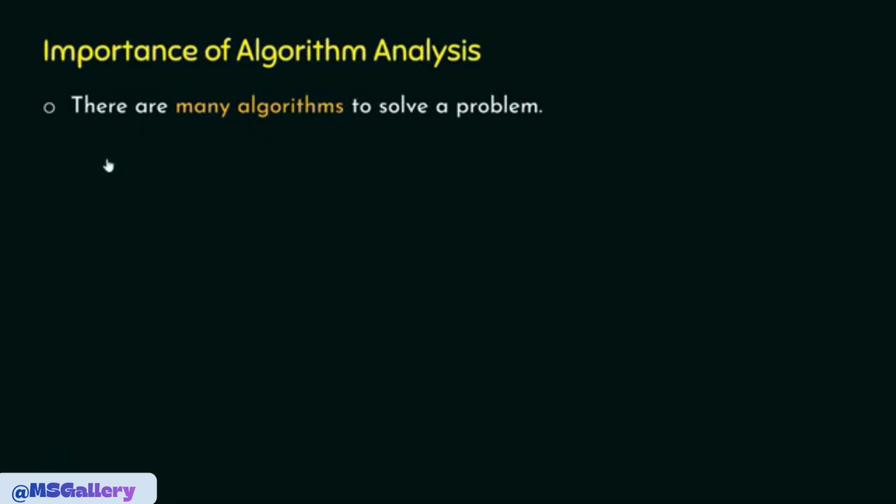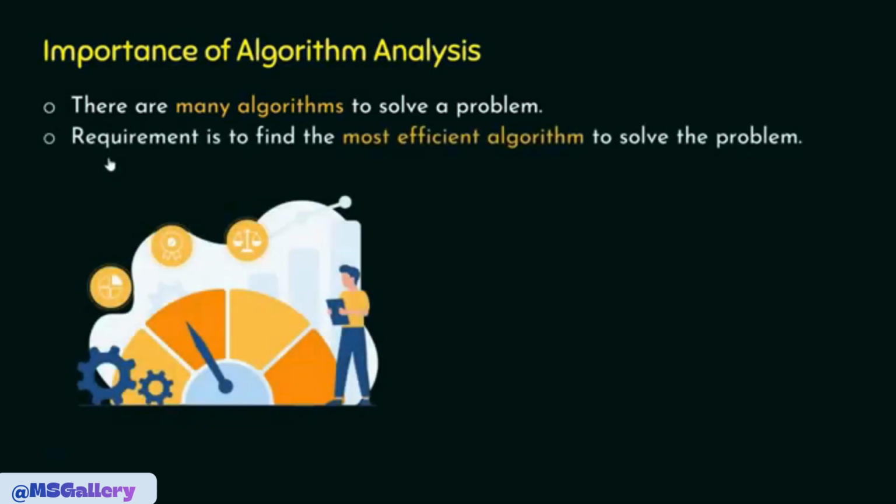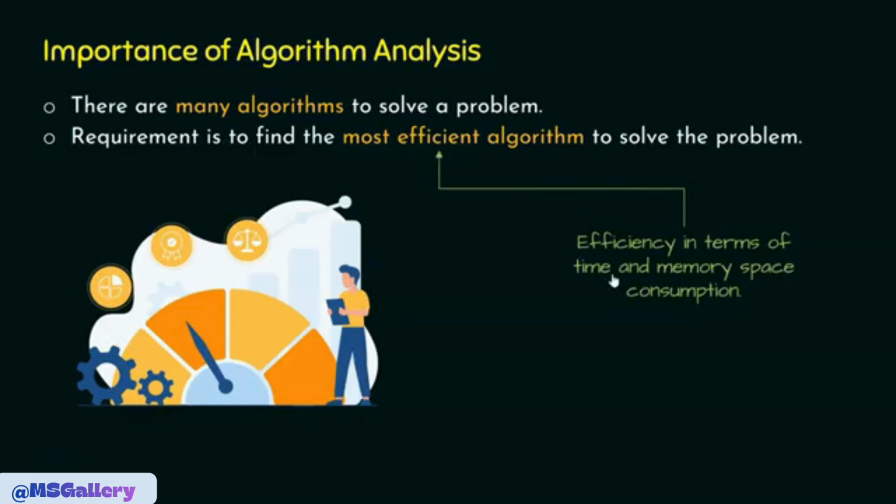The requirement is to choose the most efficient algorithm out of all the algorithms available. Now, what is the meaning of most efficient algorithm? The efficiency of an algorithm is measured in terms of time and memory space consumption.